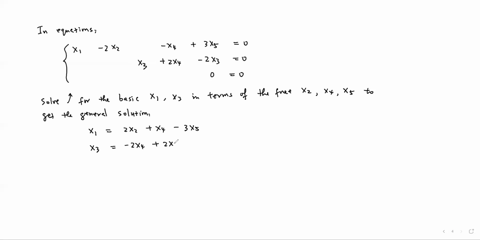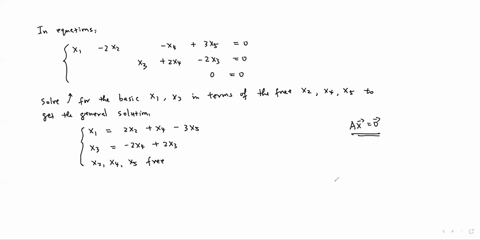Plus 2x3. Where x2, x4, x5 are free variables, we can arbitrarily assign values to x2, x4, and x5. These are all the solutions of this linear system. Null space of matrix A is the set of all the solutions of these linear systems.